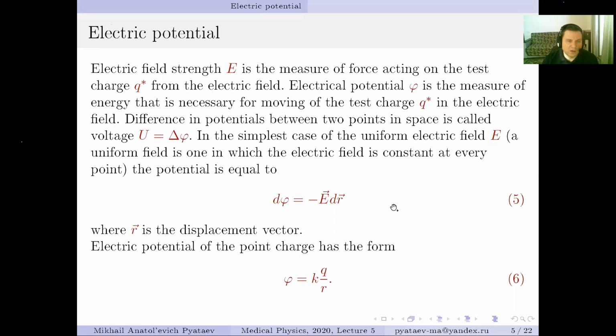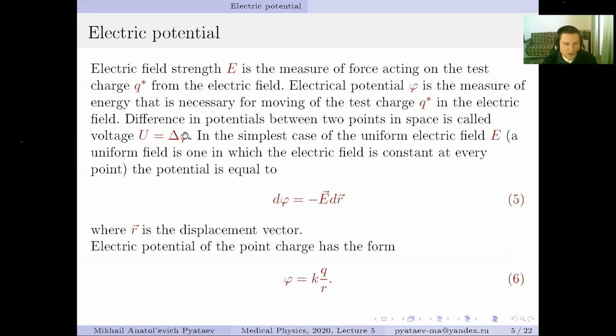And if this property is valid for the field, we can represent the work as a change of some potential function U. So we can introduce a new function of the radius vector, which is denoted phi and is called electric potential.